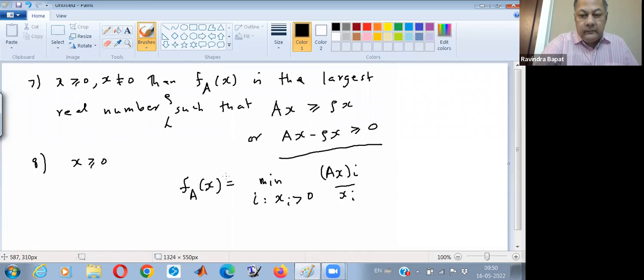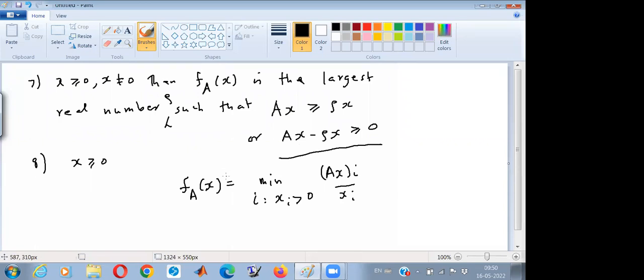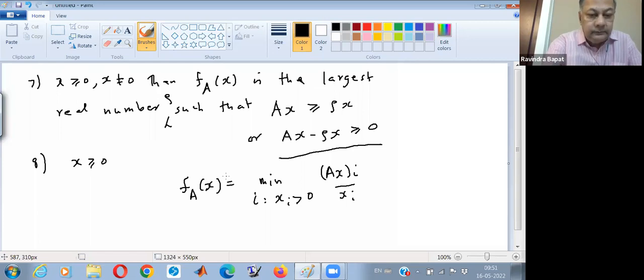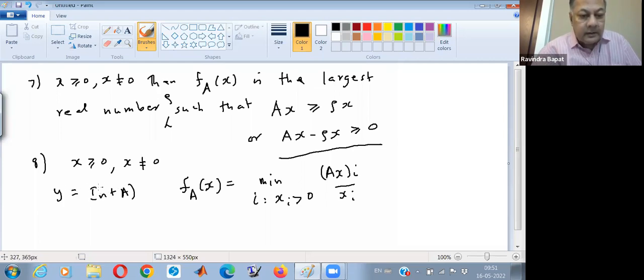Okay. The next result is, if x is a non-negative, non-zero vector, and define y to be (I plus A) raised to n minus 1 times x.